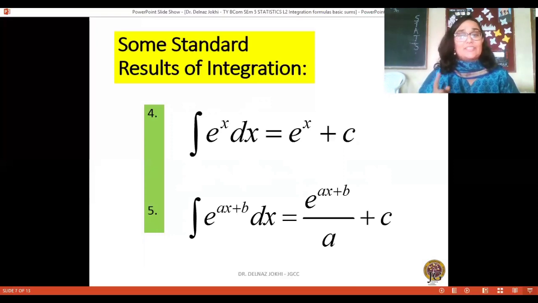So e^(ax plus b) in the numerator of your answer over here upon a. Where did a come from? Remember, I just told you a trick that whatever is the coefficient of x comes down in the denominator. Very good. Plus c. So in the 4th and 5th standard result, where was x?